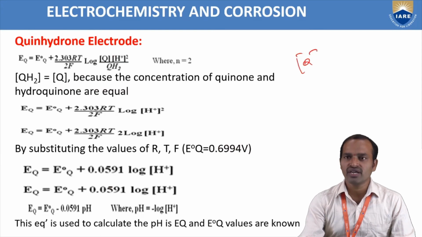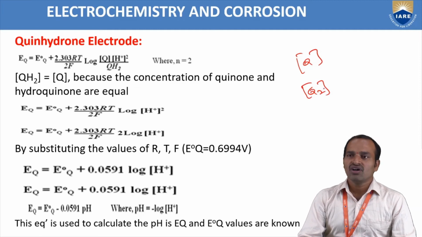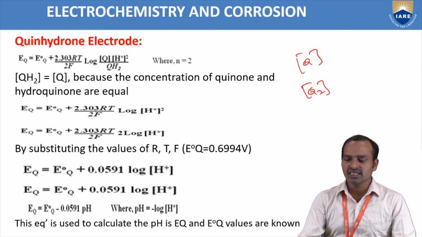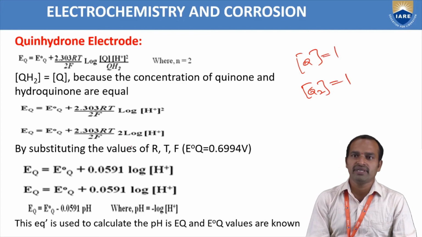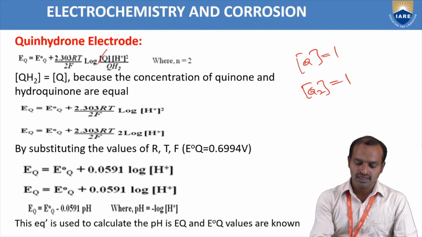Quinone, Q, is solid and hydroquinone, QH2, is also solid. So here the solid concentration we can't determine, so the solid concentration is taken as 1. So this Q and QH2 get cancelled, each equal to 1.